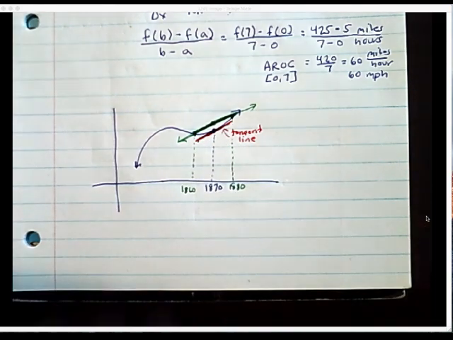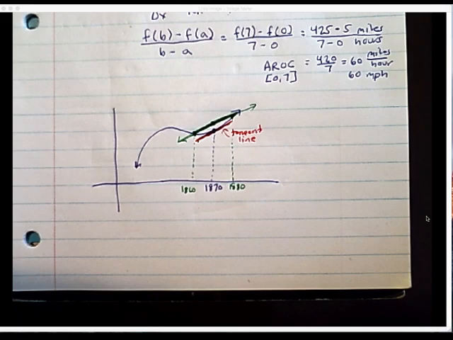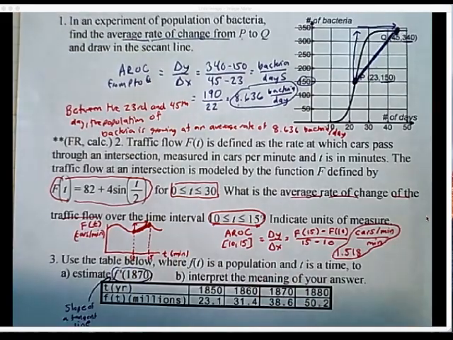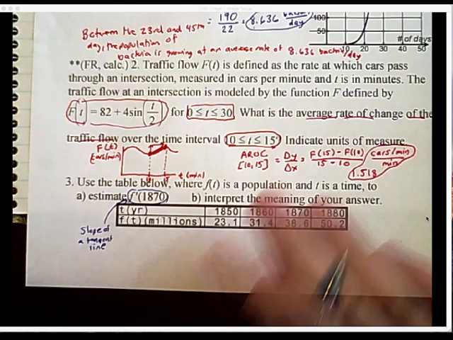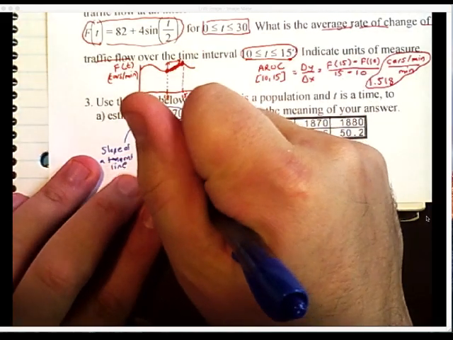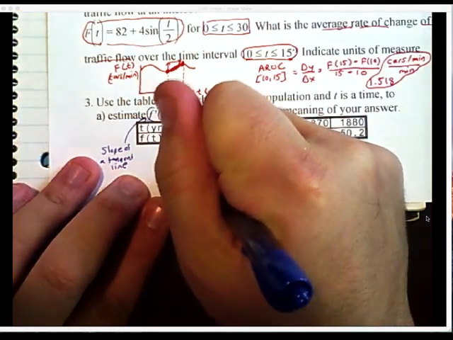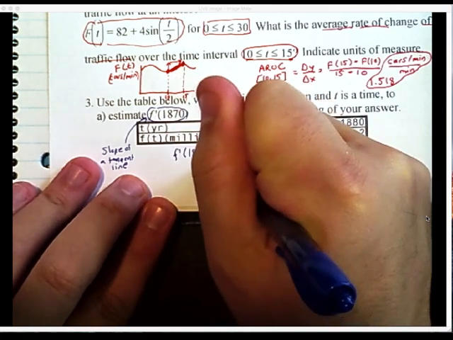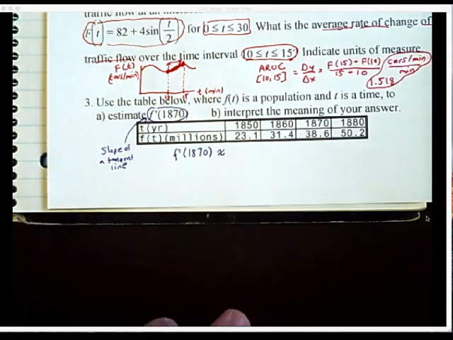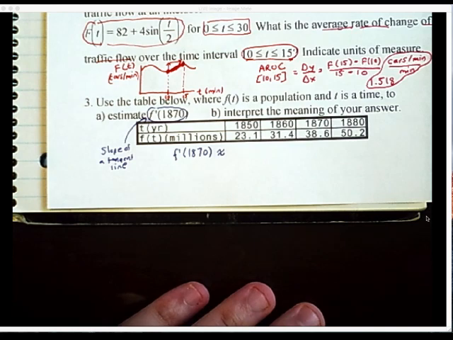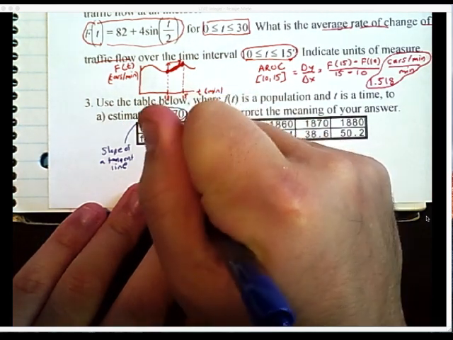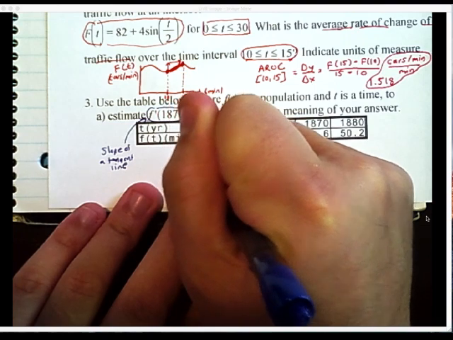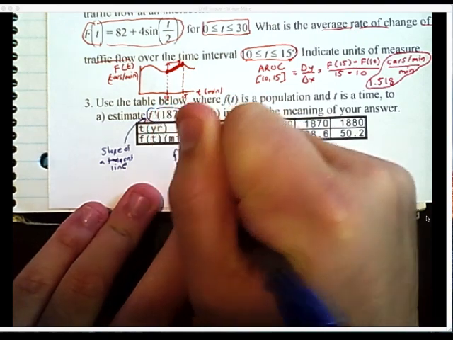Okay. So here's how I'm going to take that and apply it. I'm going to say f prime of 1870 is approximately equal to, this would mean the slope of the tangent line at 1870.